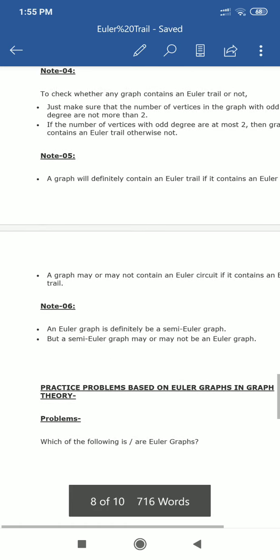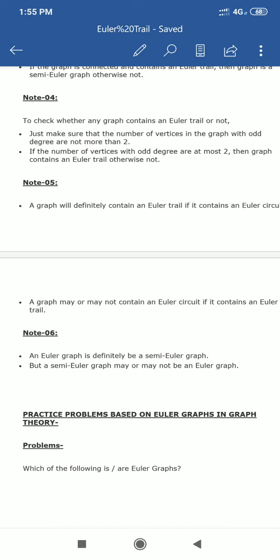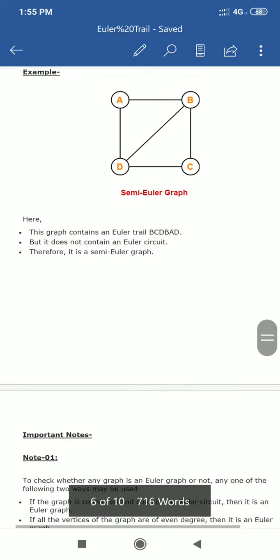In note 4, just make sure that the number of vertices in the graph with odd degree is not more than 2. To find an Euler trail, there should be 2 vertices of odd degree, as in the case of this picture.